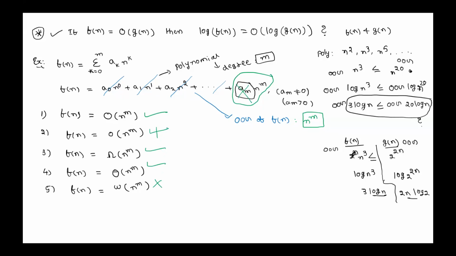So if we are given a running time T(n) such as 20 n cube minus 20 n power 8 minus 30 n power 7 plus 6 n power 6 plus 3 n power 5 plus 4 n power 4 minus 300 n cube, something like this.